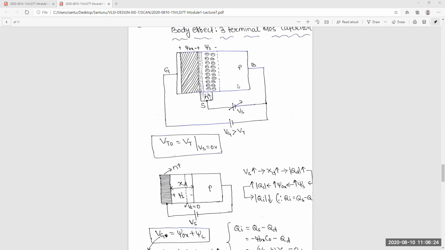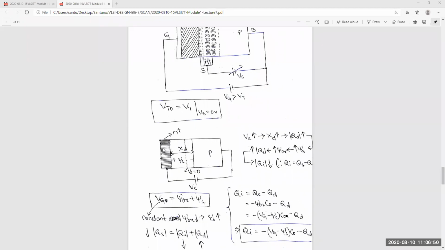If this polarity is negative, meaning you give a negative voltage to the source and a positive voltage to the substrate, what will happen? This is an N plus and this is a P, so it is nothing but a PN junction diode. I have drawn this part again here.